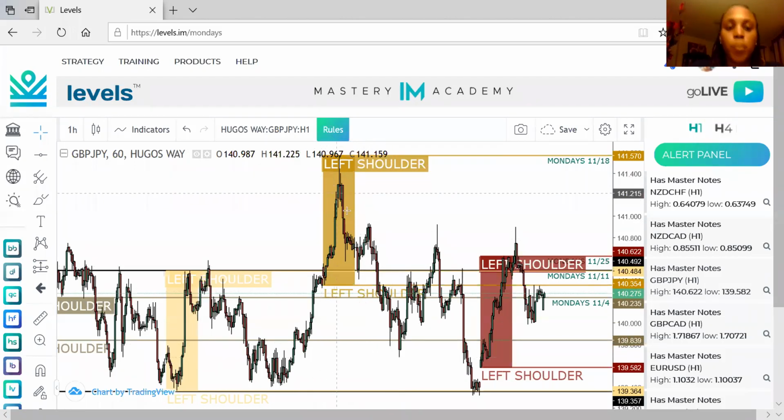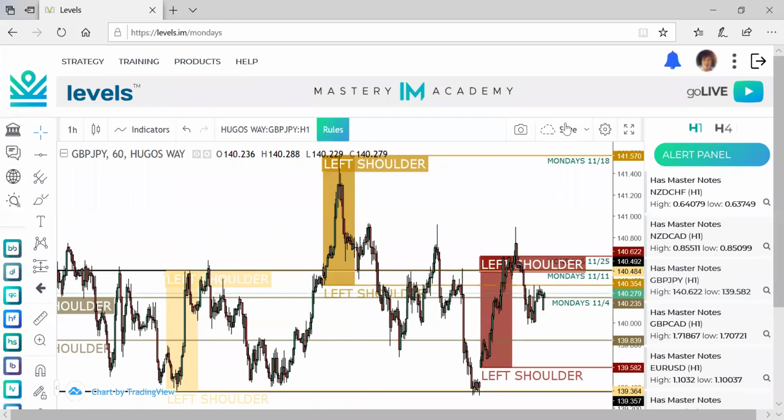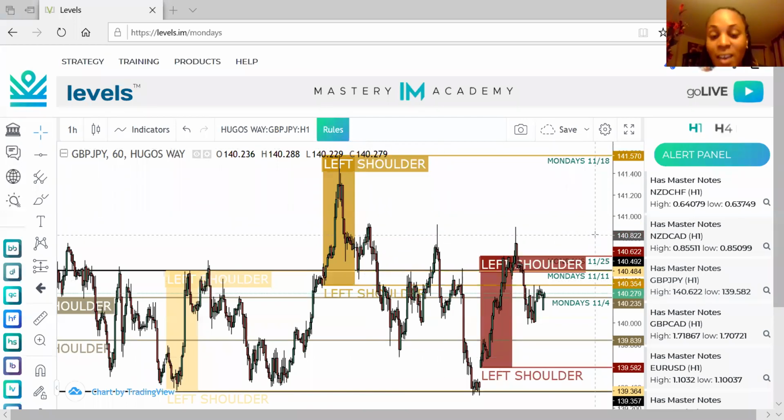Now, when the market breaks out above Monday high and it comes back into that Monday's region, so that same region, right? You're going to trade the sell.